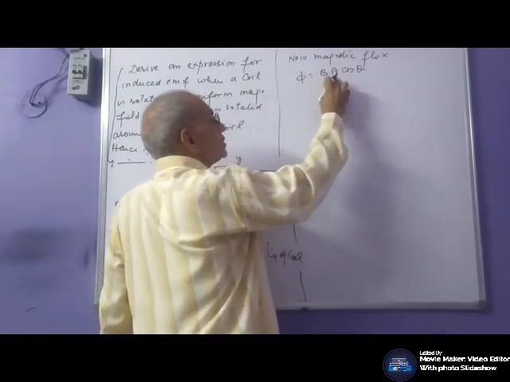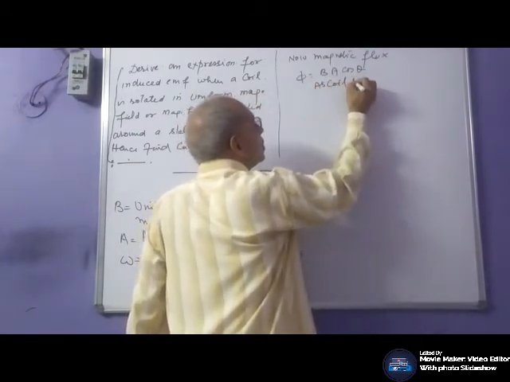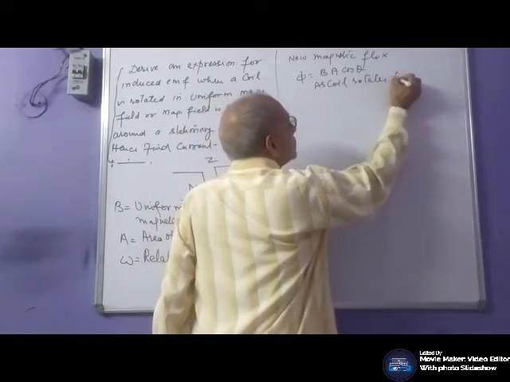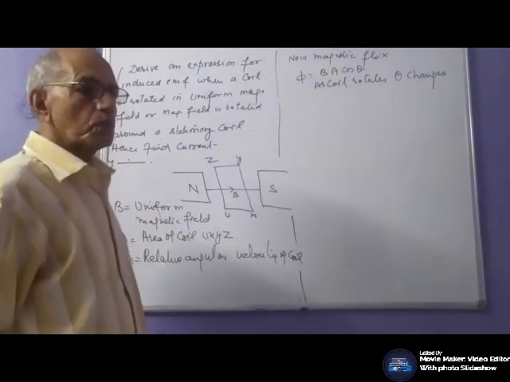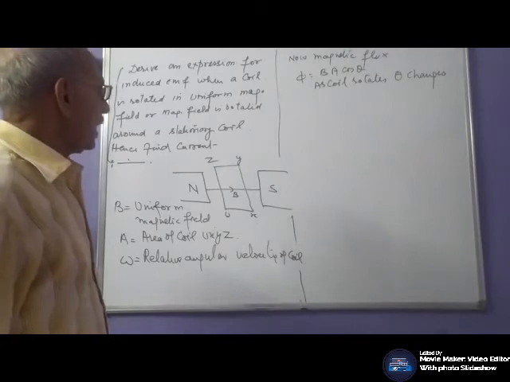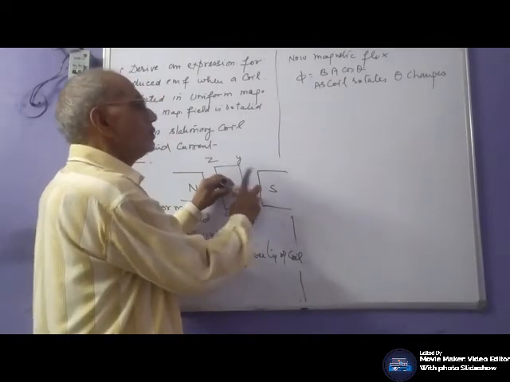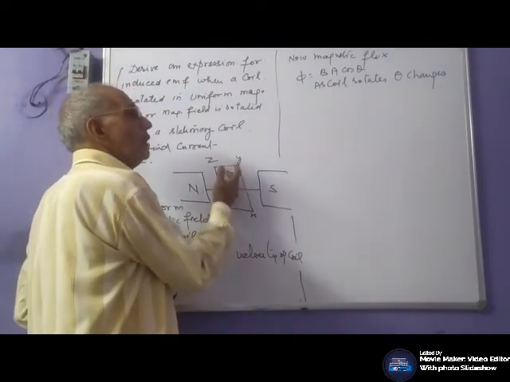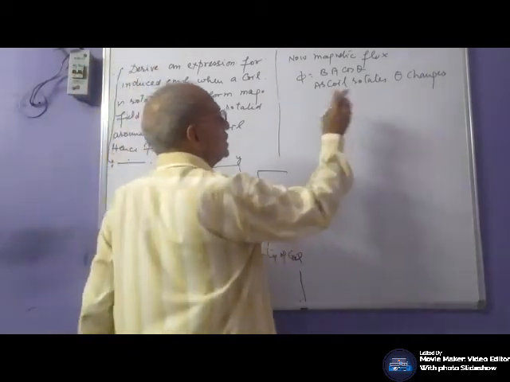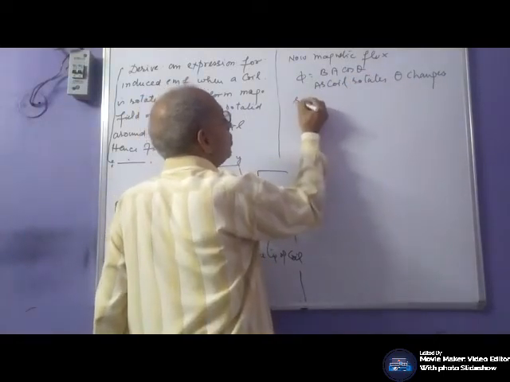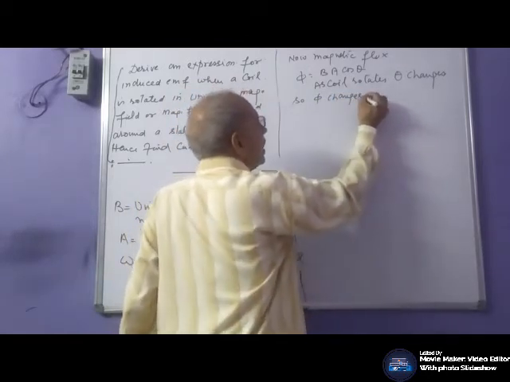This is constant, this is constant. As coil rotates, theta changes. Now 90 is the angle between B's direction and the normal to the area, and now this is theta. When coil rotates, theta changes. So phi changes.